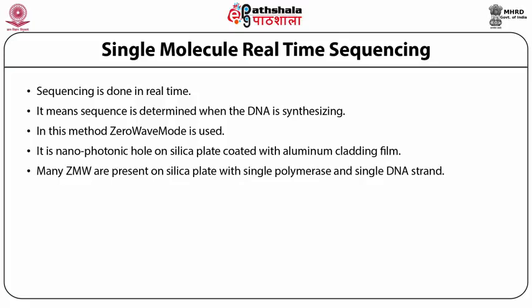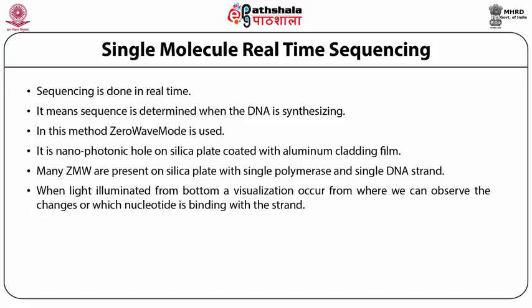Here it is important that the polymerase is immobilized on the bottom of the well, and the signal is read only from what happens at the bottom. When light is illuminated from the bottom, a visualization occurs from where we can observe which nucleotide is binding on the strand.